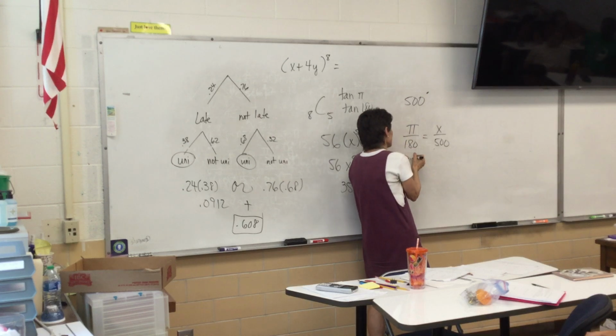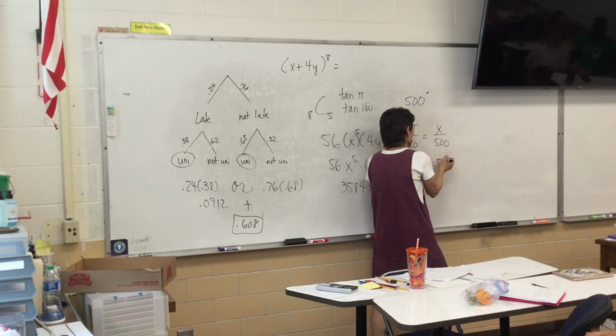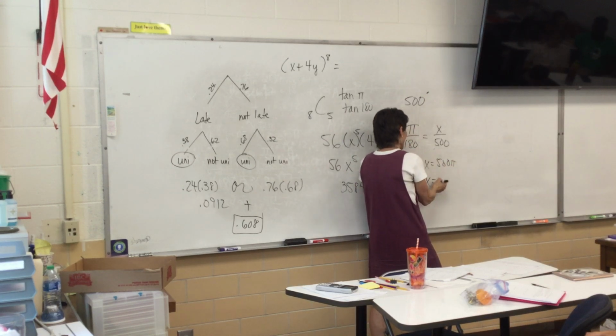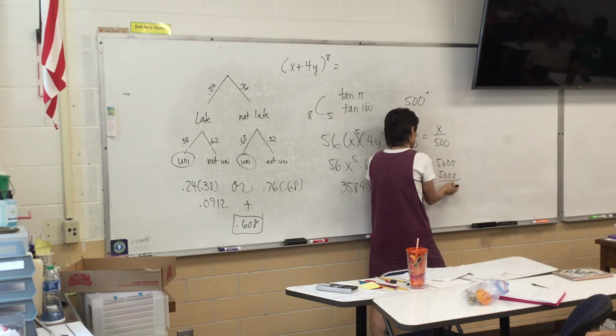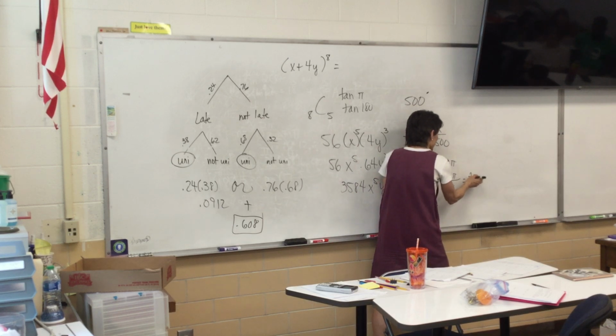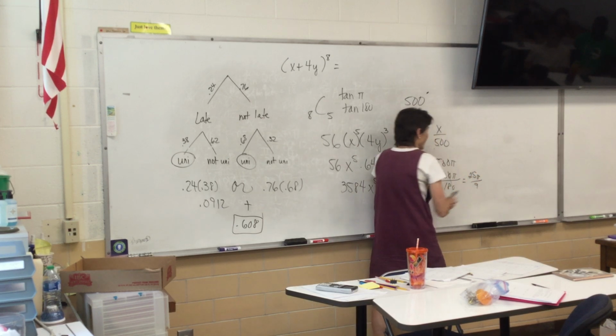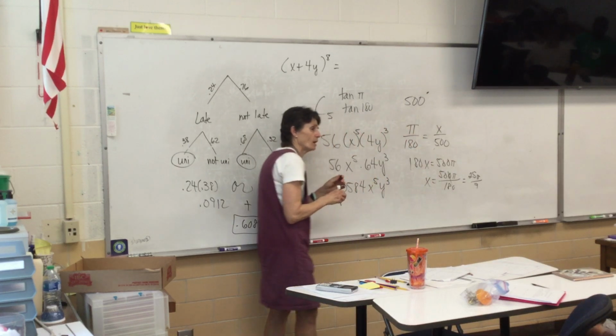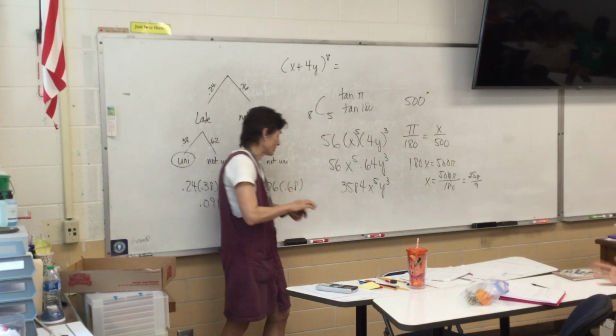Okay? All right, so 180x equals 500 pi, divide. These almost always simplify a lot. 25 over 9, 25 pi over 9, I think is the radian measure of 500 degrees.